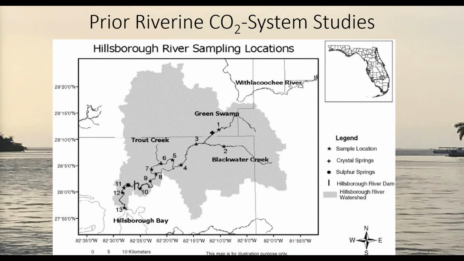So rivers have a major influence on the CO2 system chemistry of Tampa Bay, and yet to date, only one river has really been studied regarding the freshwater fluxes and carbonate system parameters.